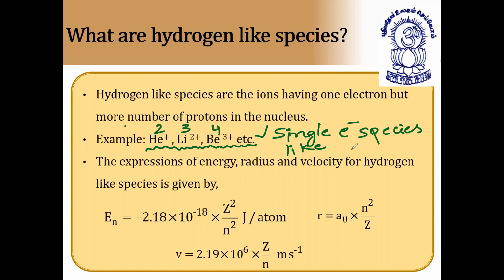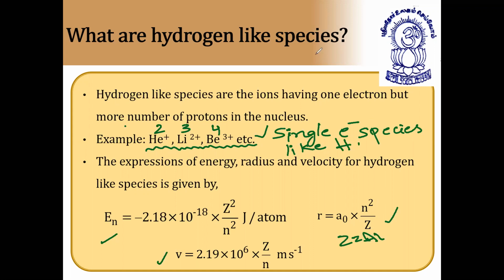So in place of z, we have to use 2, 3, and 4 respectively, depending on the atom. So the expressions of energy, radius, and velocity for hydrogen-like species become: E is equal to minus 2.18 into 10 to the power minus 18 into z square by n square, R is equal to a naught into n square by z, and v is equal to 2.18 into 10 to the power of 6 into z by n. This is not only for hydrogen, but also for hydrogen-like species.